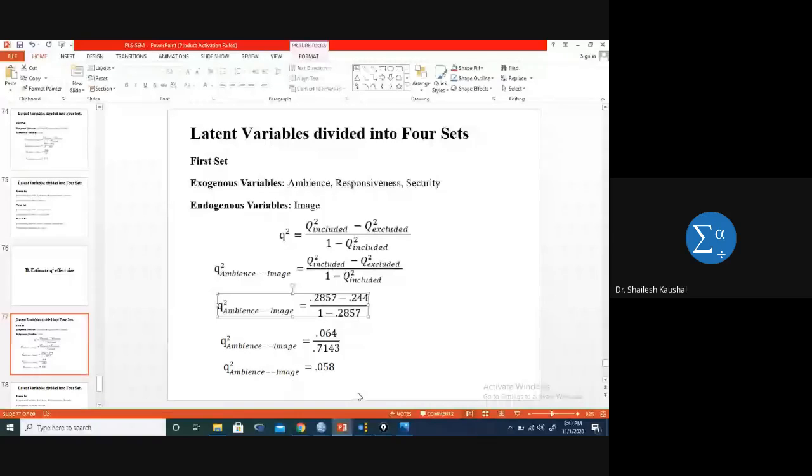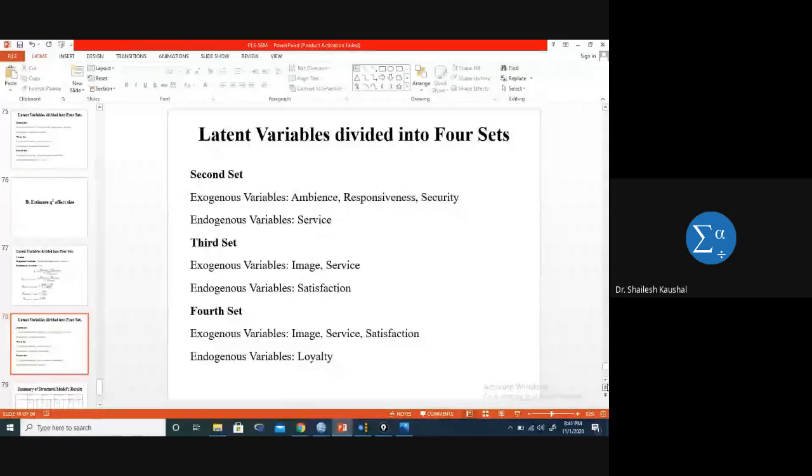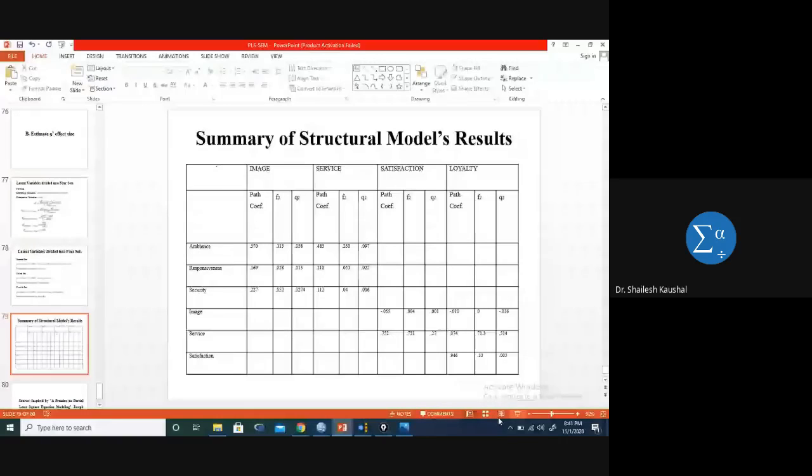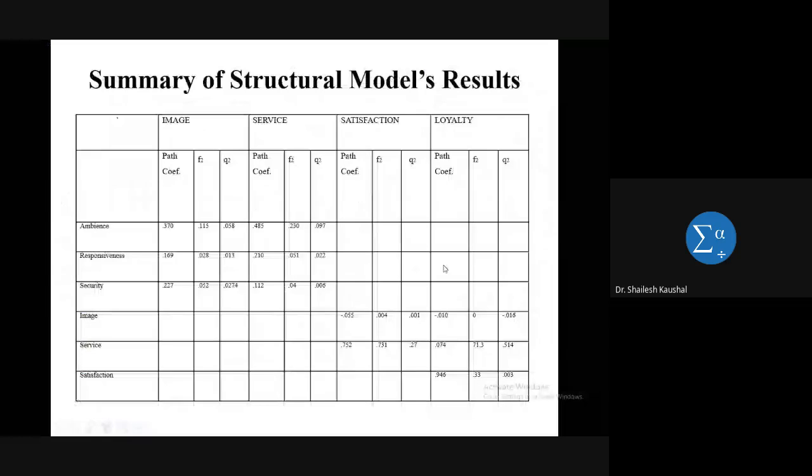So in the same way we will find all the values, and finally we will show our result in this way: path coefficient value, F square value, Q square value. This is the way to present our data.